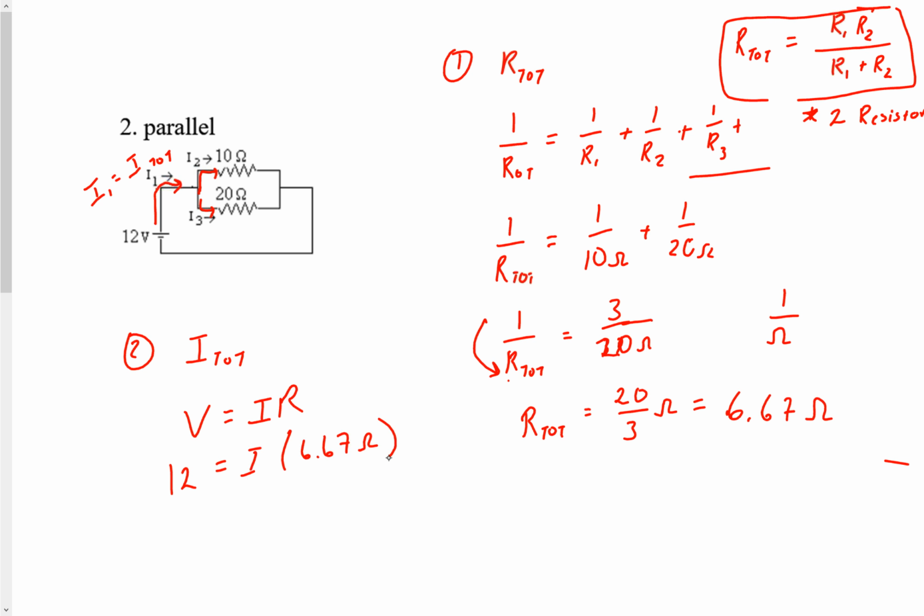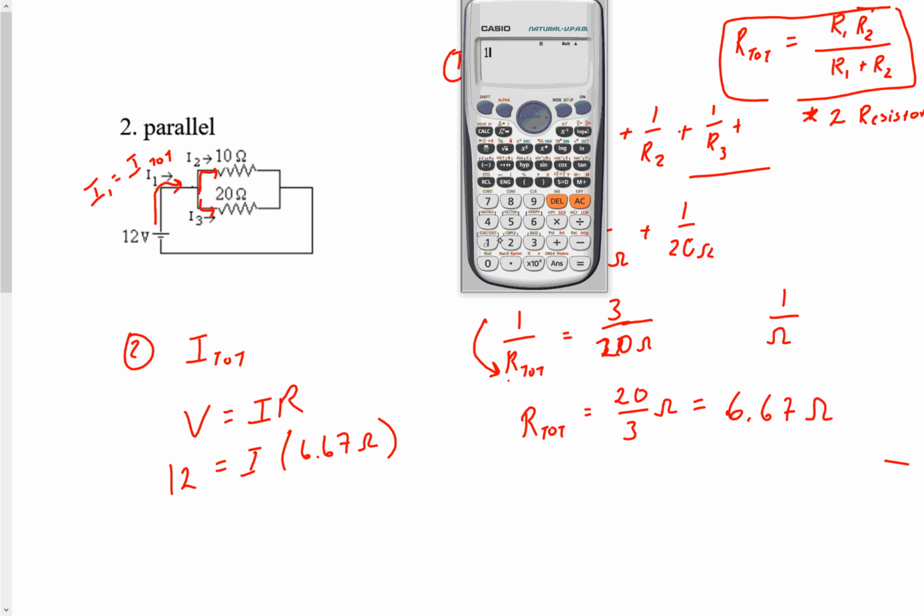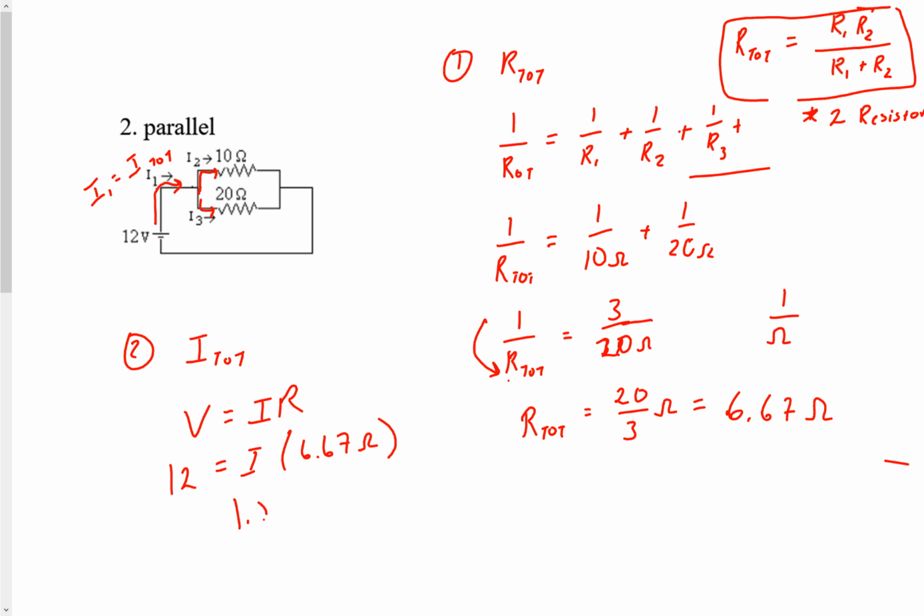So now all we have to do is 12 divided by 6.67. Oops, got a little error in there. And we know that the current is 1.8 amps. So we've got 1.8 amps of current.